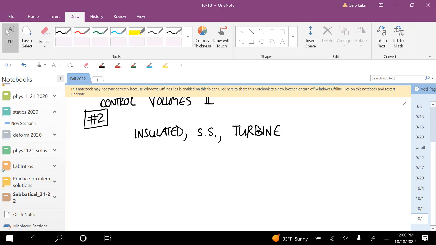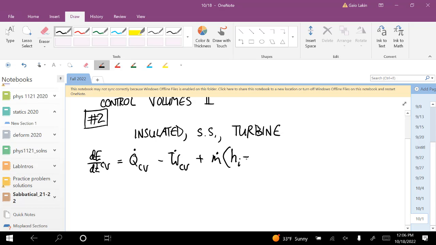Since this is first law for control volumes, we know we're starting with this equation: dE/dt is equal to Q dot for the CV minus W dot for the CV plus, I'll just write it as m dot since it's steady state, times the quantity hi plus Vi squared over 2 plus g zi, minus m dot times the quantity he plus Ve squared over 2 plus g ze.